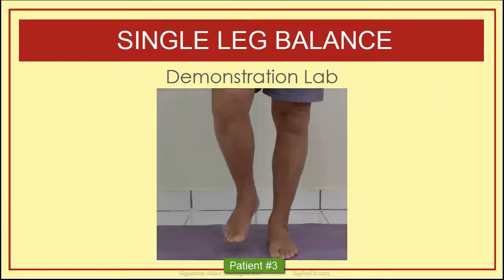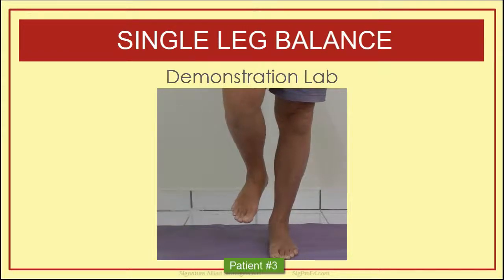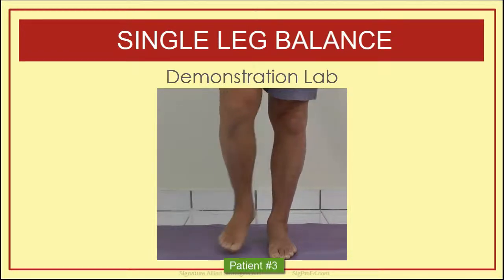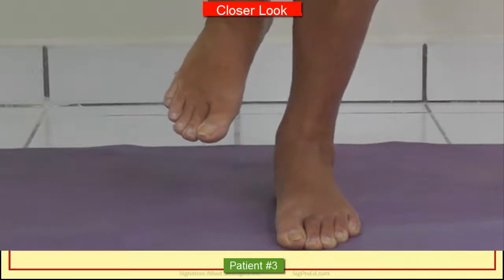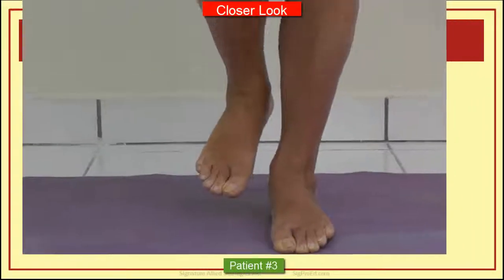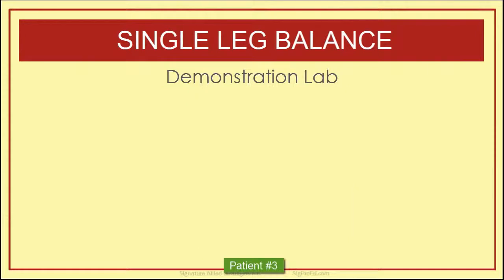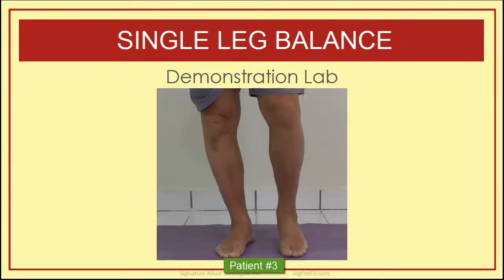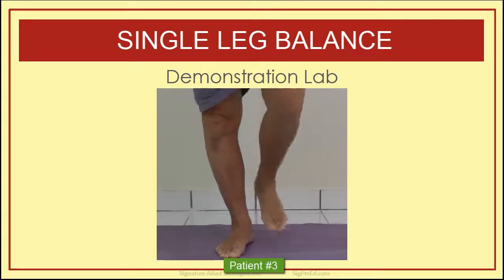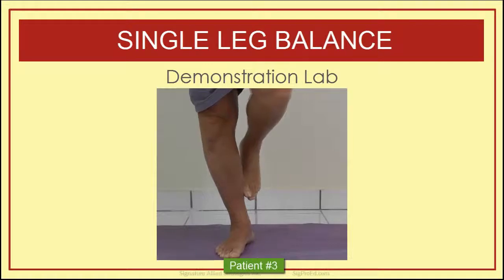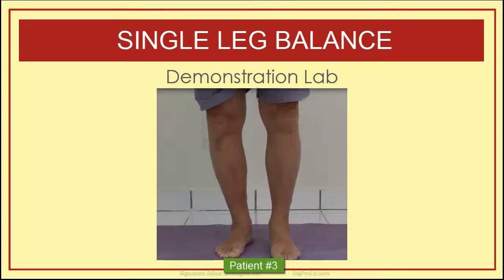For this patient, the motion is occurring at the ankle joint, and when observing his right foot, he's not able to maintain single leg balance on that side for a significant period of time. But the motion occurs at the navicular and the arch.